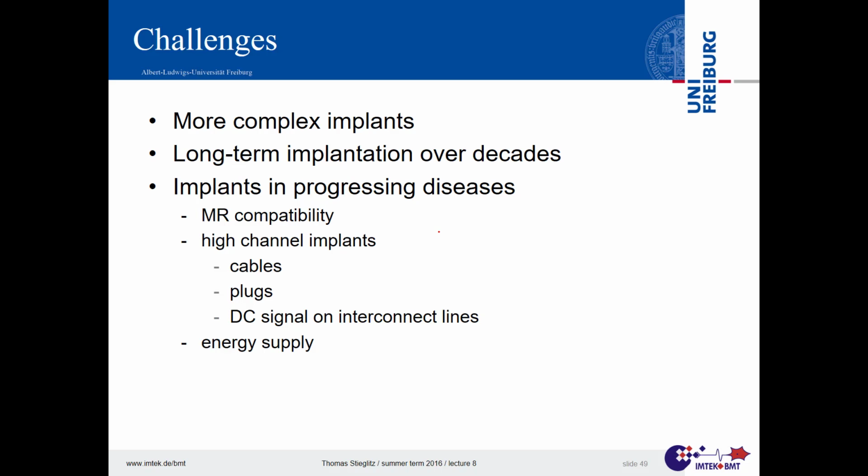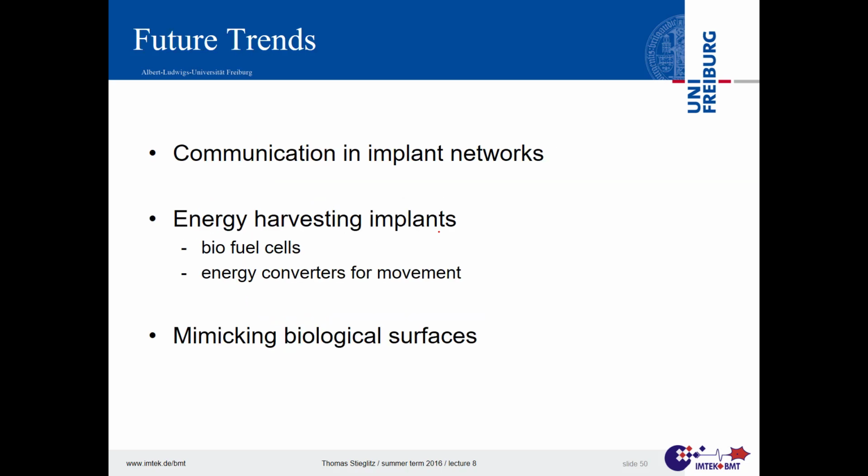So we can shift it to another place, but the general challenge is still there about packaging and assembly and connecting things. And of course, the energy supply is not yet solved. We're still not yet there to have networks of implants, which could be useful.